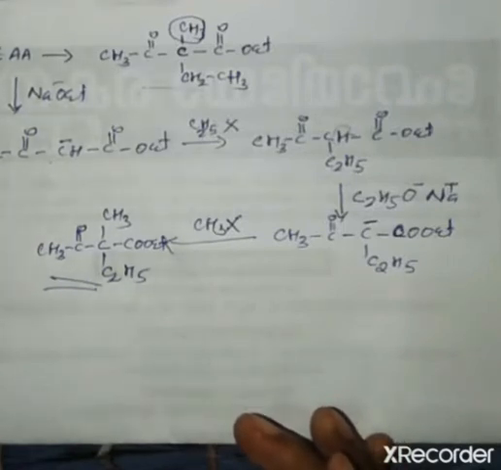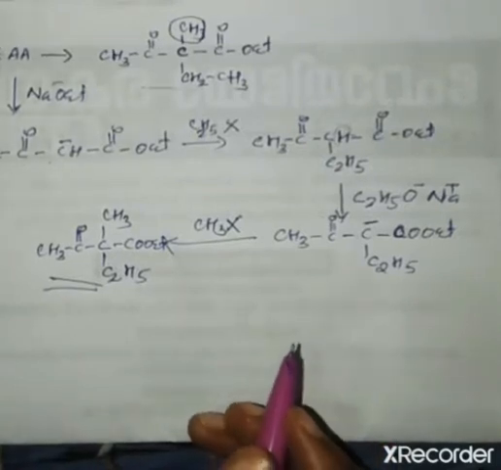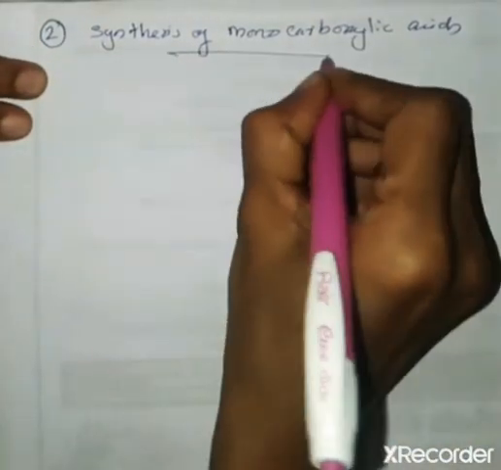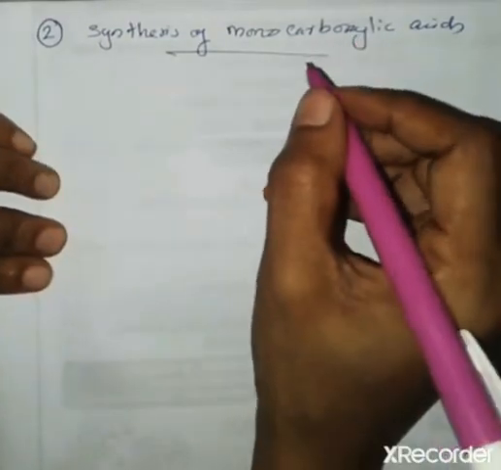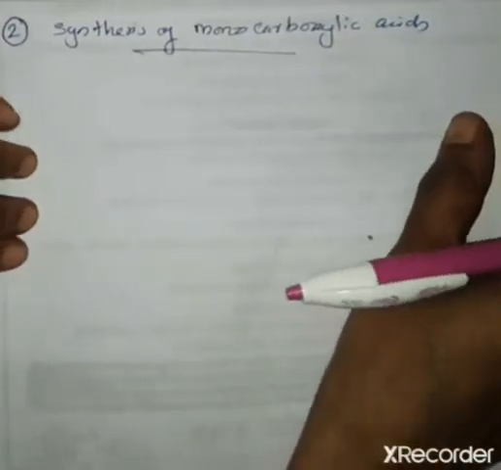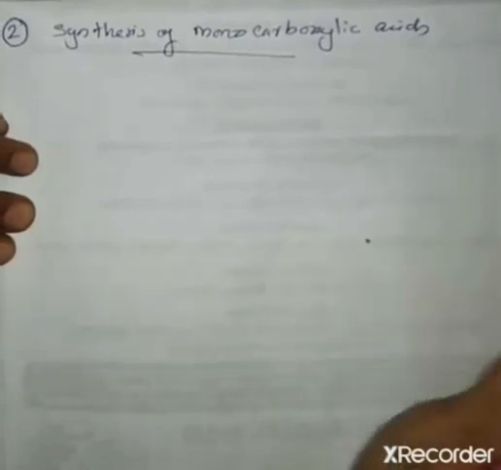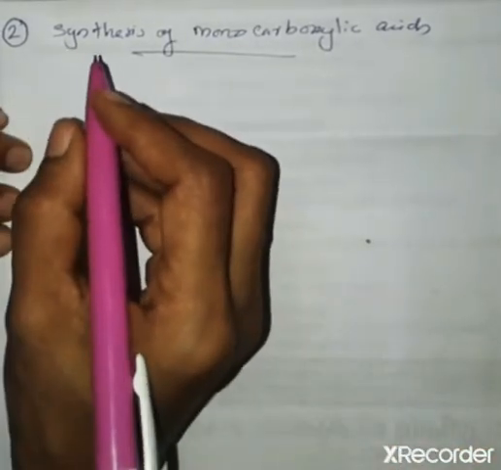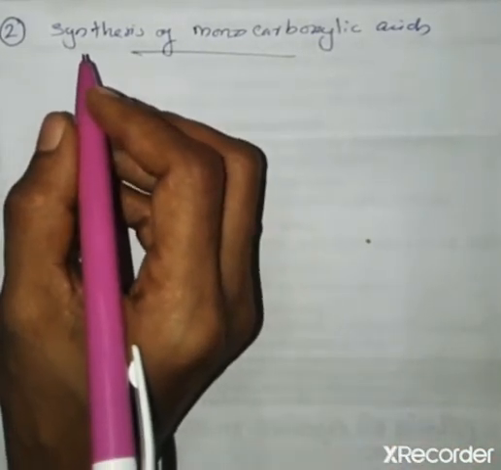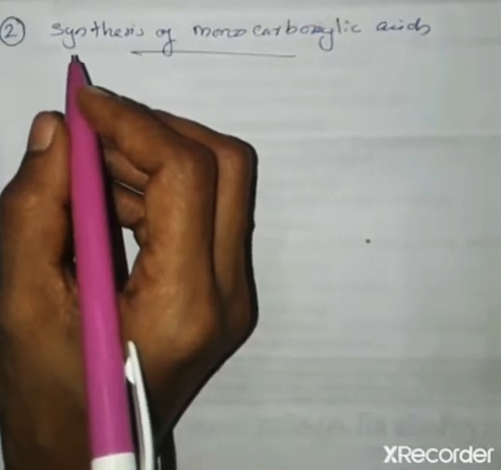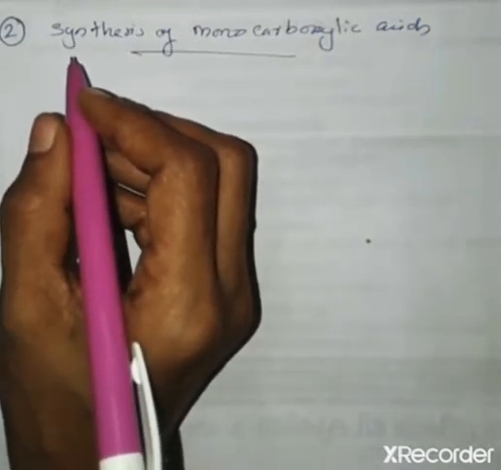One mono or di-alkyl derivative of ethyl acetoacetate. Then the next synthesis is the synthesis of monocarboxylic acids. How can we synthesize a monocarboxylic acid from ethyl acetoacetate?